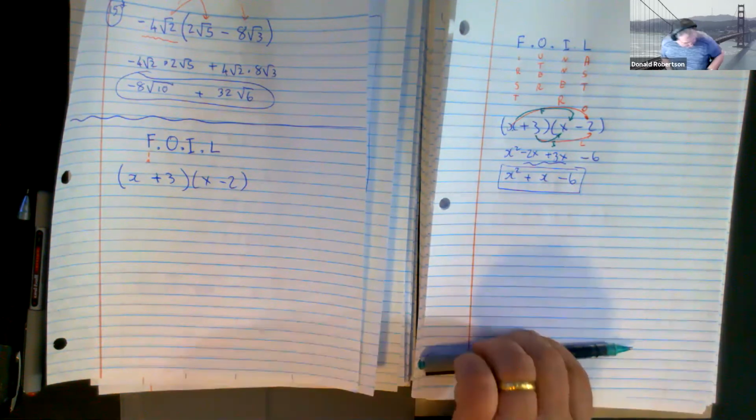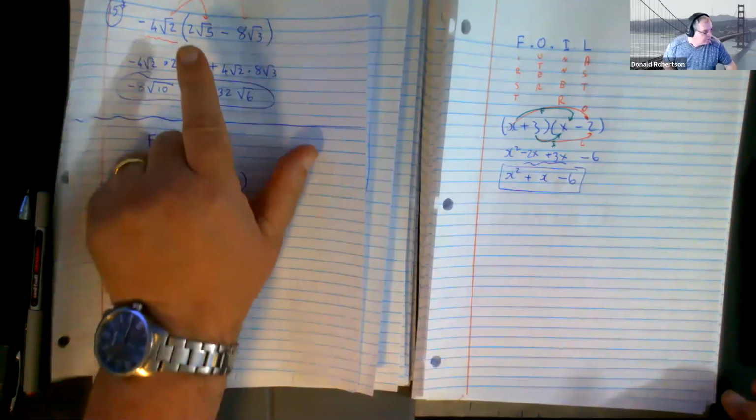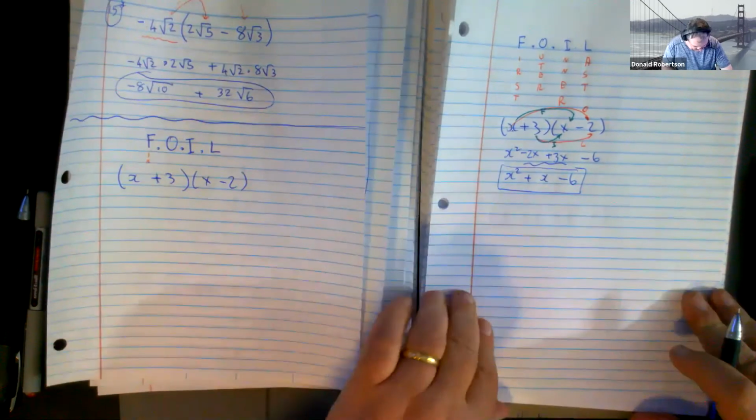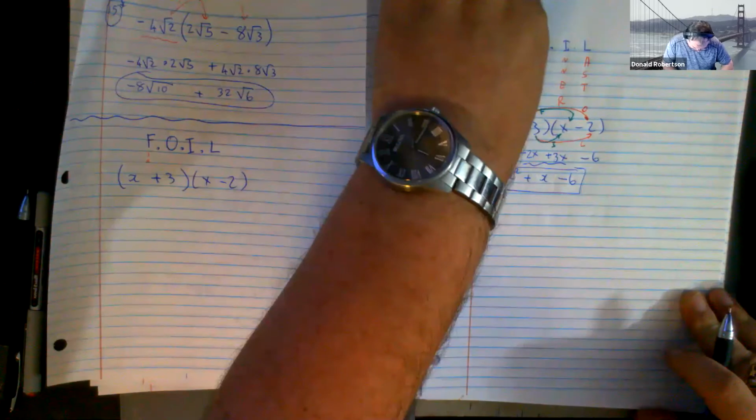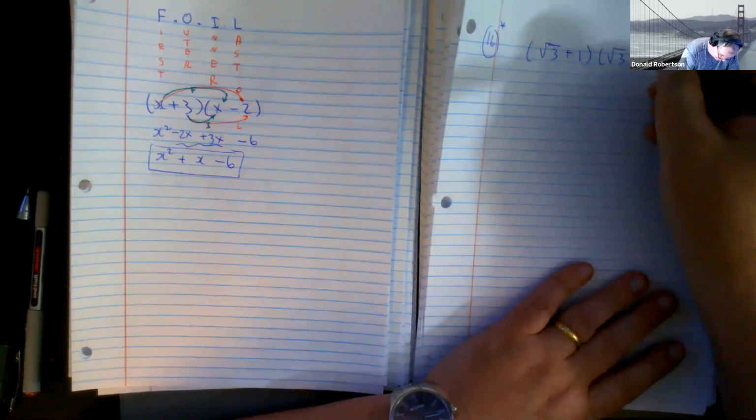We are going to use FOIL with questions that look like this. So first guy, which one? 16. Square root of 3 add 1, square root of 3 take away 4.